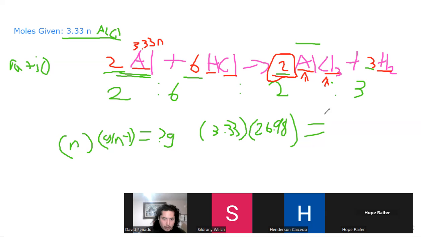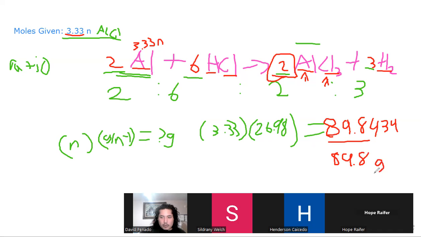So what's the answer to this question? 89.8434. Okay, and how many sig figs do we have? 3. So then it would just be 89.8 grams.